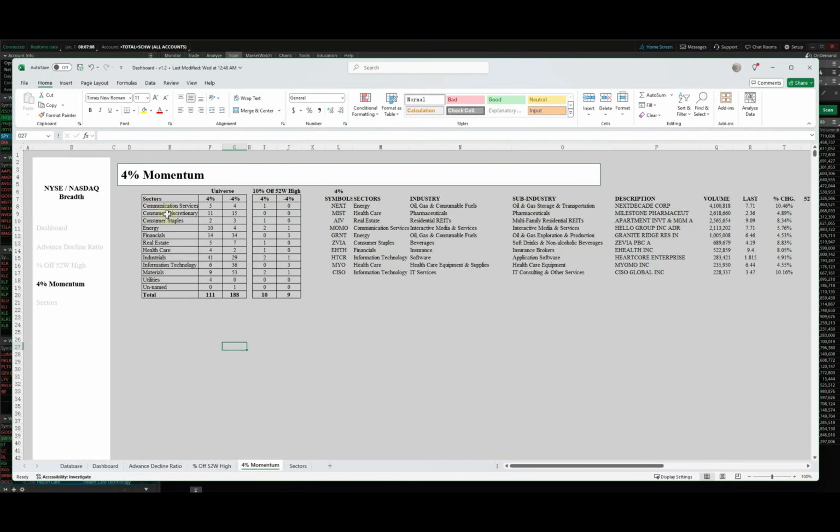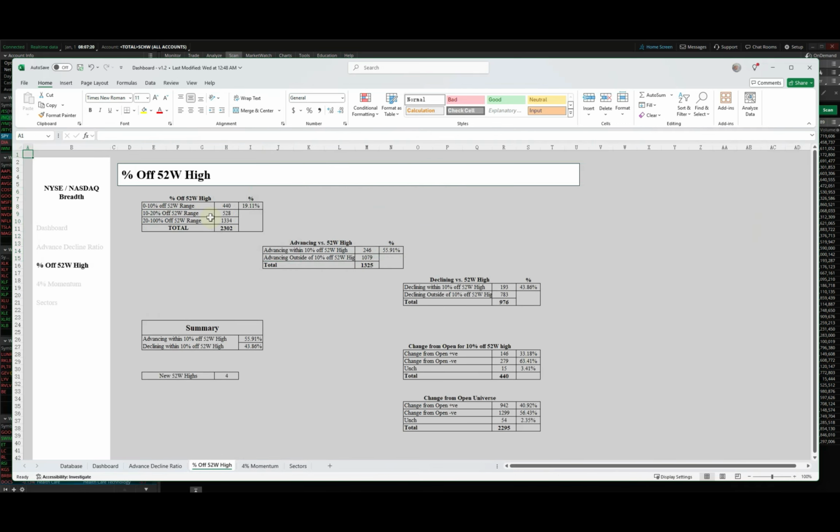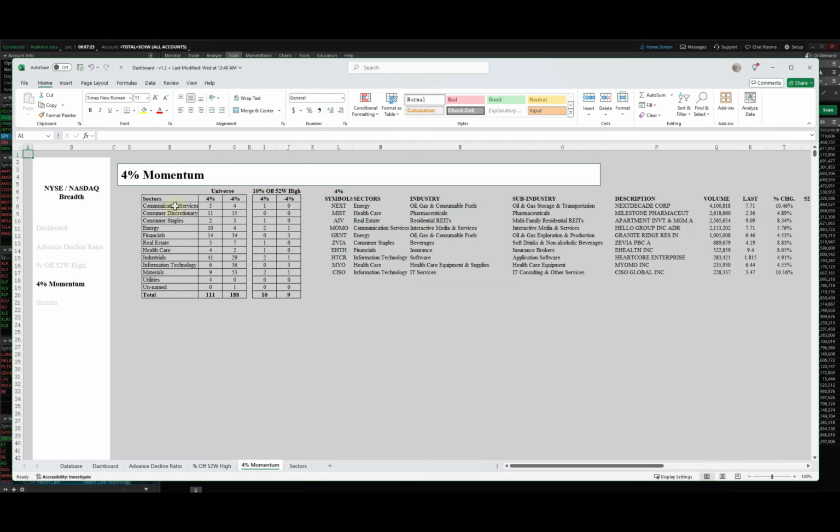In this case, I have the sectors. Number one, we can check sector by sector the whole universe, and then we can check within 10%, same as this data. You see that today 4% up were 111, and minus 4%, meaning 4% or more down, was 188 stocks.